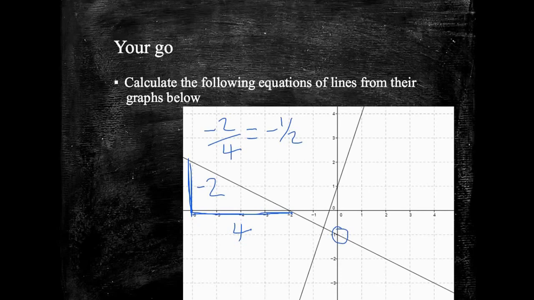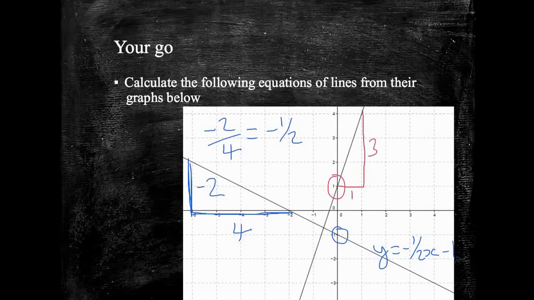So this first one down here, we'll label that up as y equals -1/2x minus 1. The second one is in the positive direction. Again, I can see it crosses at +1 here, and if I draw a small triangle, we can see it goes along 1 and up 3.